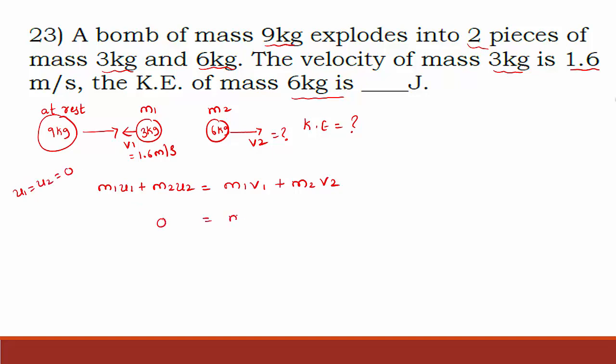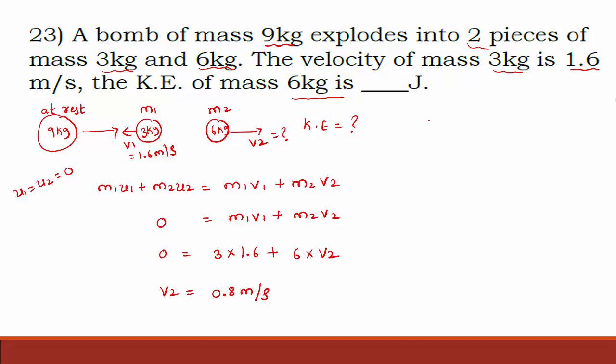So 0 equals m1 v1 plus m2 v2. Substituting the values, 0 equals 3 into 1.6 plus 6 into v2. So we get the v2 value, that is 0.8 meter per second.